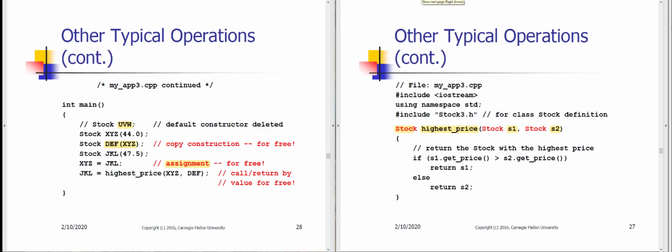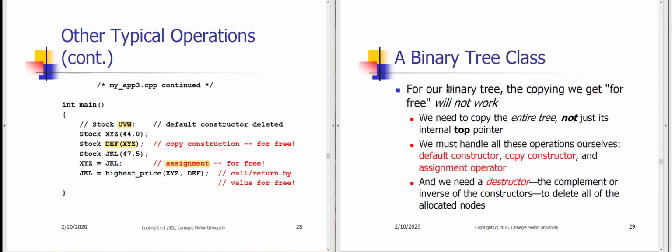Okay, so for extremely simple classes, getting all of this stuff for free might be a nice feature. However, for our binary tree class, this kind of copying that we get for free, of just copying the data members of one object into the corresponding data members of another object, absolutely will not work. We are using a pointer called top to keep track of where the first node is at the top of our binary tree.